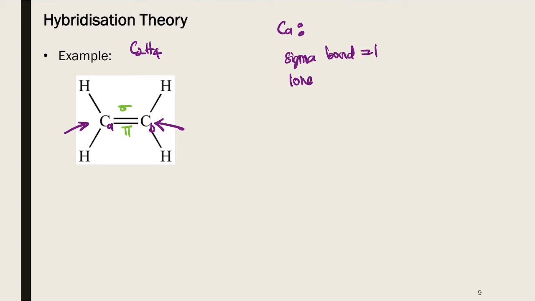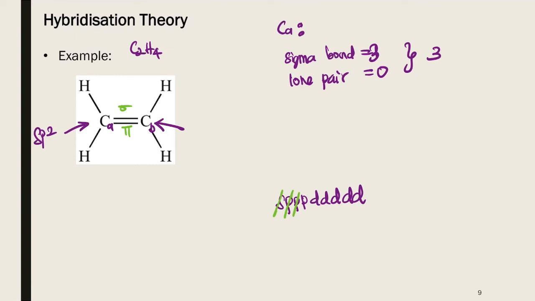So meaning to say the total number of sigma bonds and lone pairs is equal to 3. So actually, the type of hybridization at Ca is sp2. The type of hybridization at C label B is also sp2.